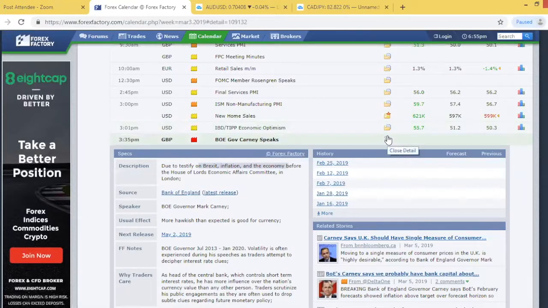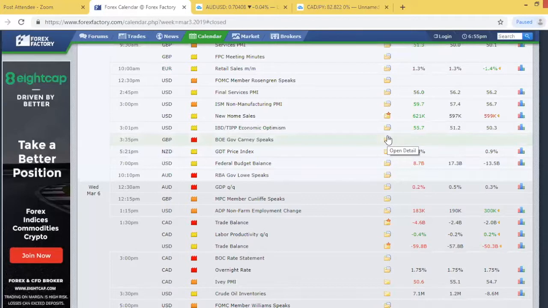So we expected that potential volatility, and it did come through as better than expected for the pound. We sat out from looking at the pound last week because of that potential volatility.